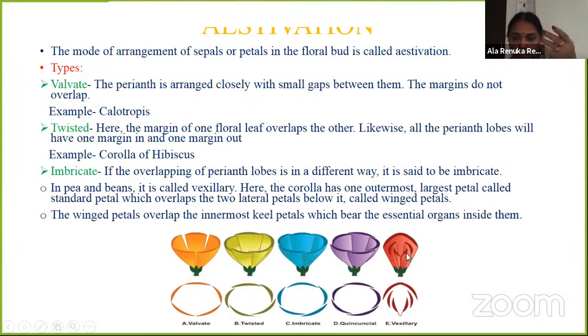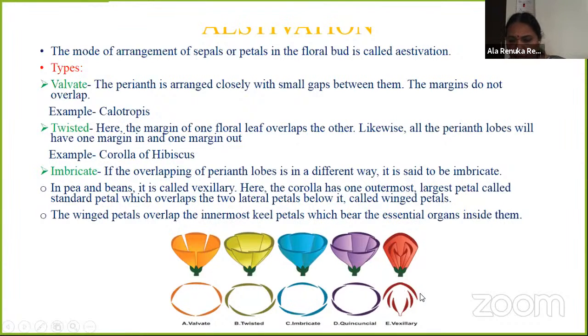For your class syllabus, Fabaceae is included, and imbricate or vexillary. In imbricate, there are two types. One is overlapping from anterior to posterior end, that is called ascending imbricate. From posterior to anterior, descendingly imbricate. This is a special type of aestivation.